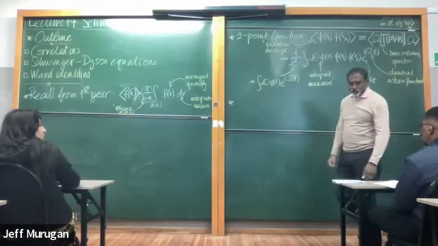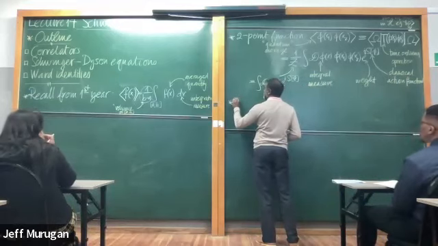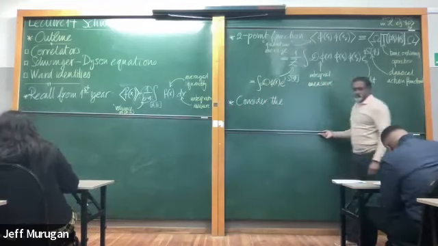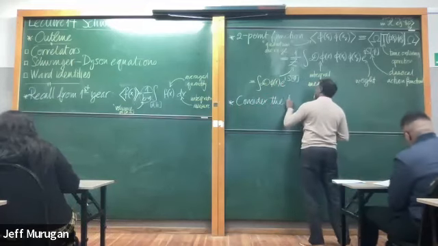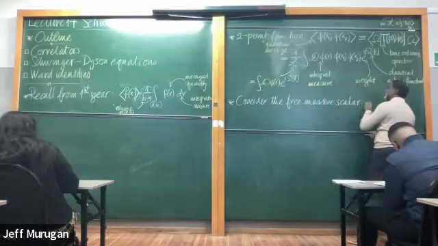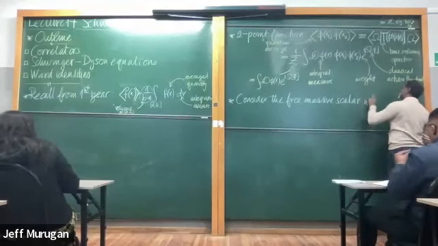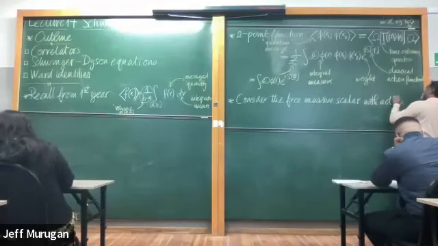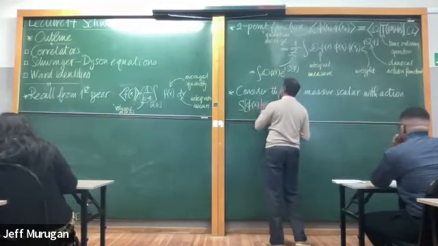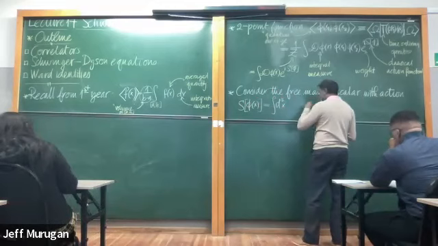So just by way of a concrete example, let's consider the free massive scalar whose action S of phi is a half, and let's say we go to 4 dimensions again for completeness.